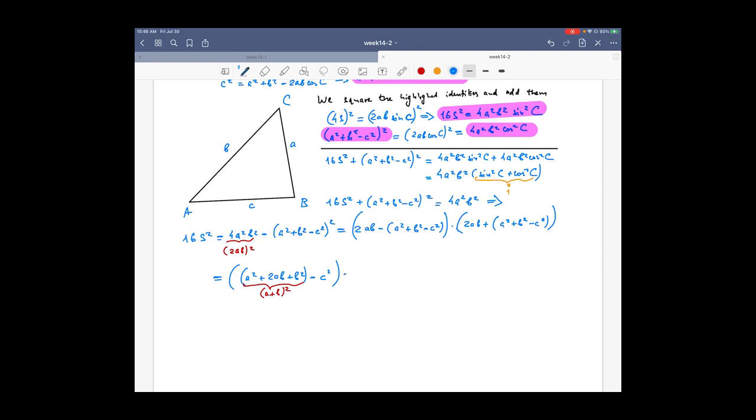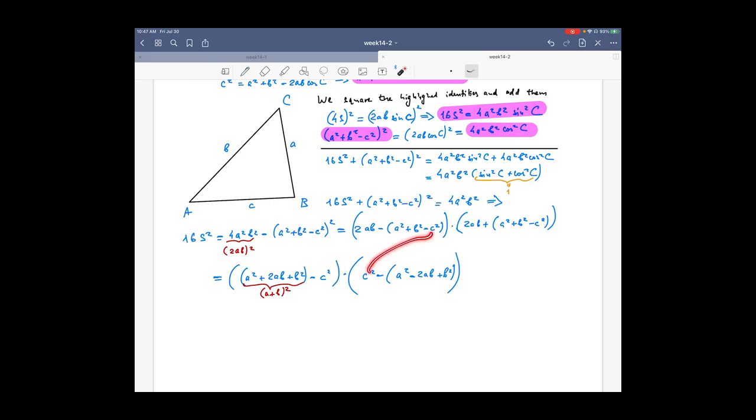Now, what about the other factor? This one. If I factor out the minus, I can write that this is c squared minus a squared minus 2ab plus b squared.